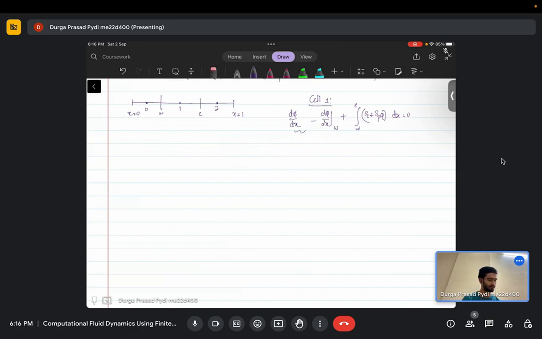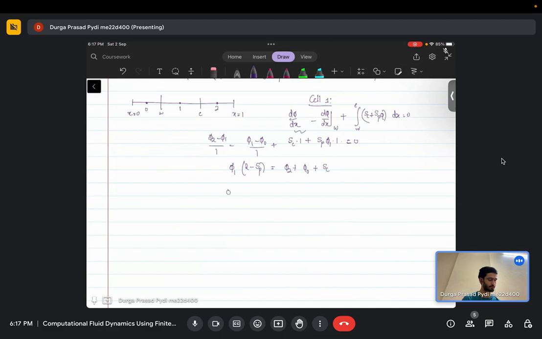So we'll have phi 2 minus phi 1 minus phi 1 minus phi 0 plus SC times 1 plus SP times phi 1 times delta x equal to 0. If you just group the terms, you have phi 1 for 2 minus SP, and then you have phi 2, phi 0 and a constant term SC.